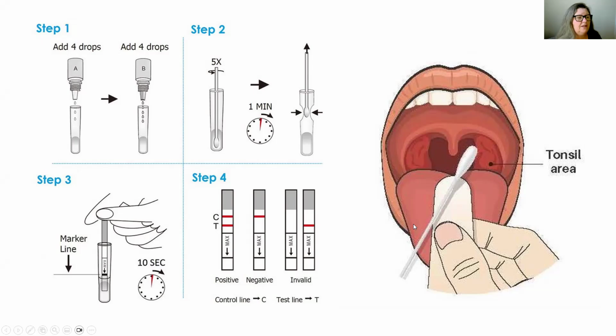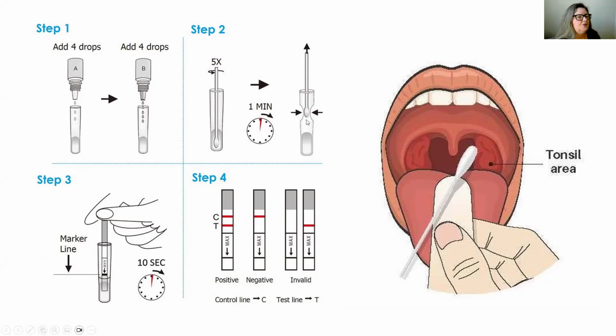You collect your specimen, and we'll talk about how to do that in a minute. Once you have collected your specimen, you put that into the tube, swish it around about 5 times. You don't have to sit there and go 1, 2, 3, about 5 times. Okay. Wait for it to sit for about a minute. And again, it doesn't have to be exactly a minute, but about a minute.